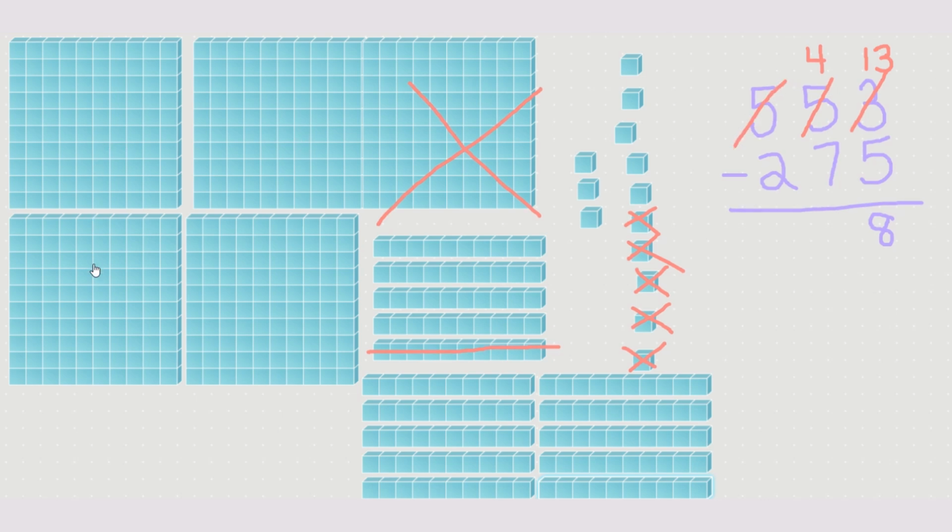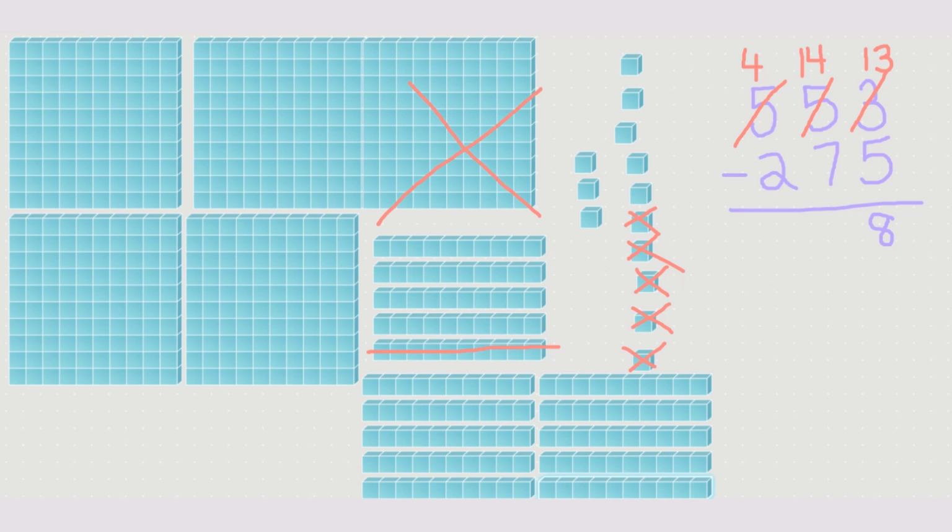I have 1, 2, 3, 4. So I'm going to change the 5 to a 4. And I no longer have 4 10 sticks. I have 1, 2, 3, 4, 5, 6, 7, 8, 9, 10, 11, 12, 13, 14. I have 14 10 sticks. So I'm going to change that 4 to a 14.